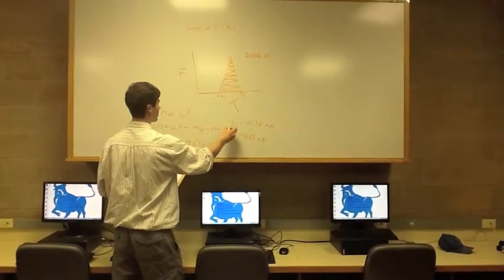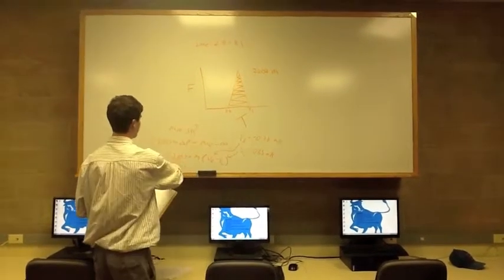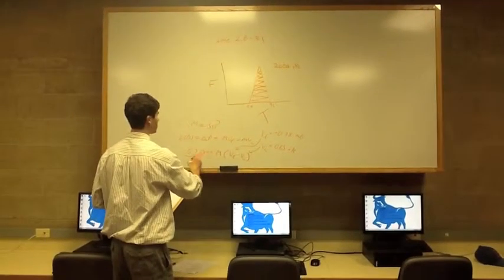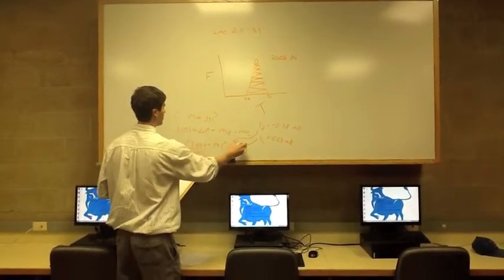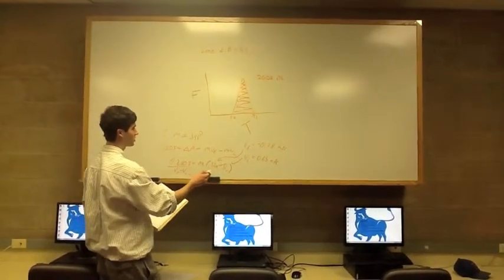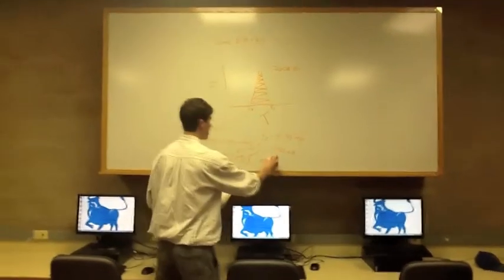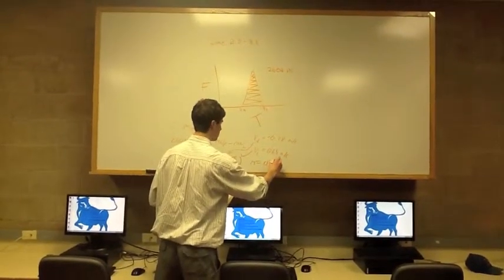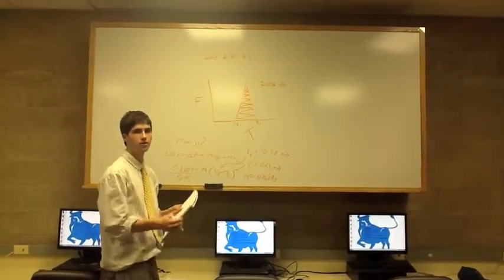So if we plug these numbers into this equation and divide both sides by v final minus v initial, that'll cancel out, and then this equals the mass. So if we plug those numbers in, we get that the mass is 0.253 kilograms, the mass of the cart.